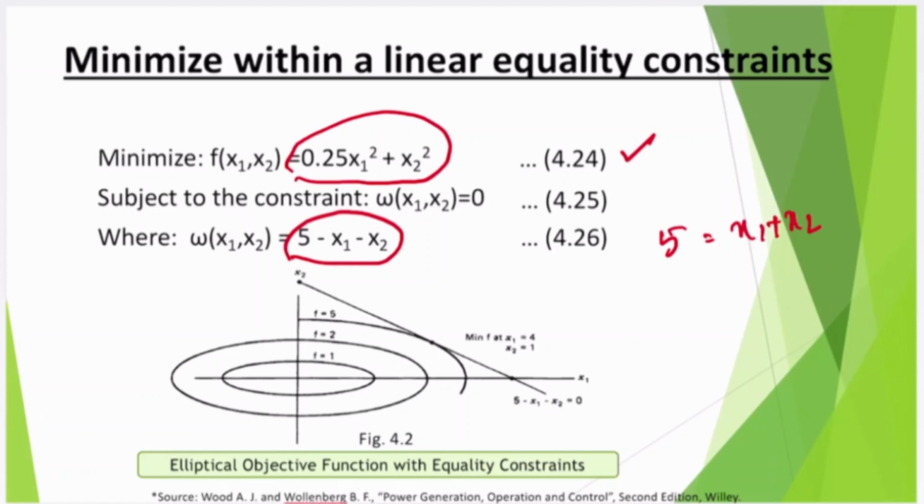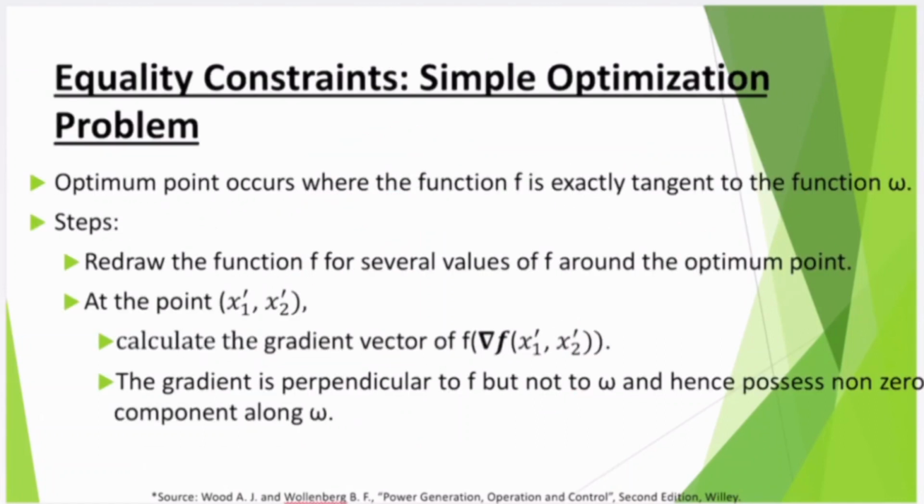So you could see through that actually you get a function where x1 equal to 4 and x2 equal to 1 provides you the optimum value, and you can substitute. So 4 square into 0.25 is 4, and 1 square, so the objective function is now 5. So f of 5 is the function with x1 equal to 4 and x2 equal to 1 satisfying the optimum point.